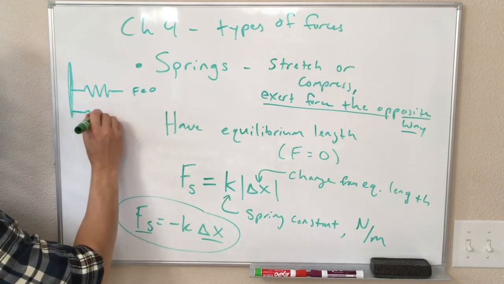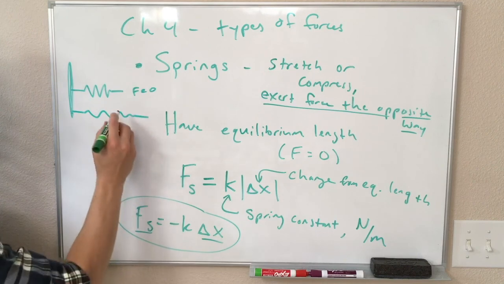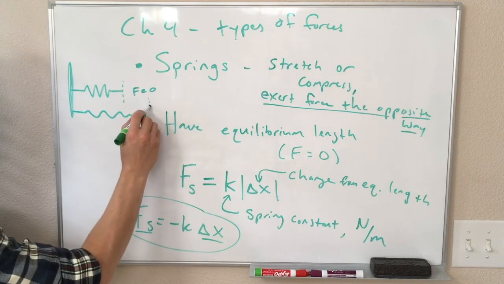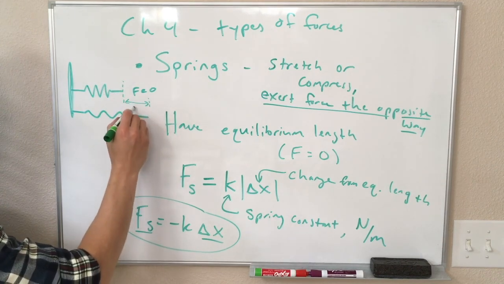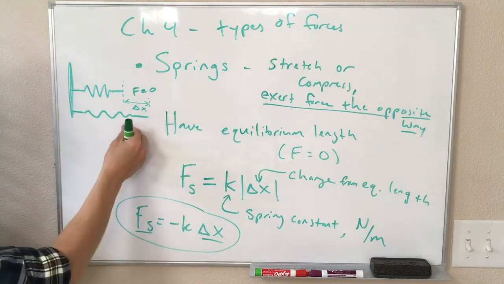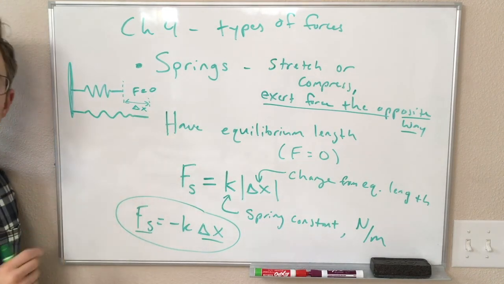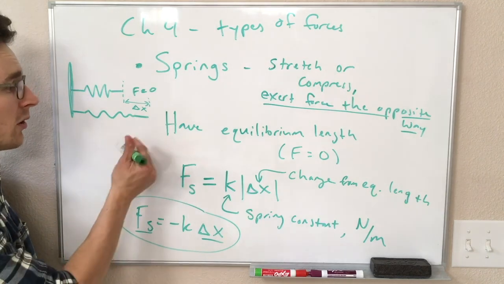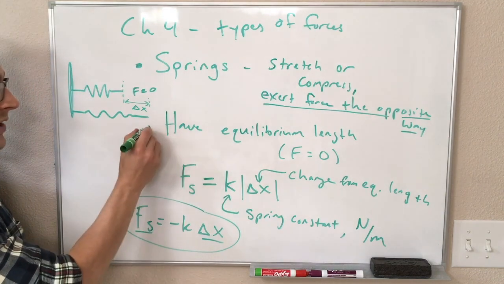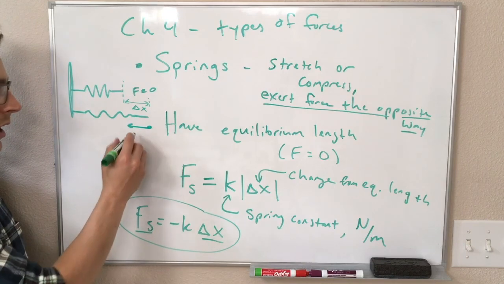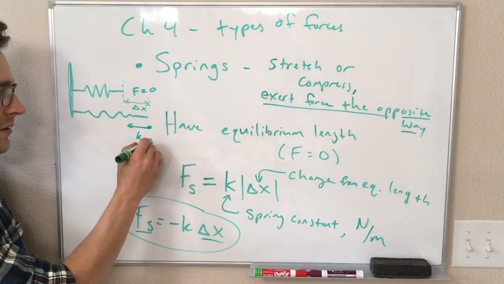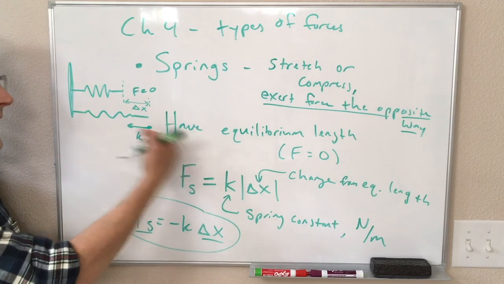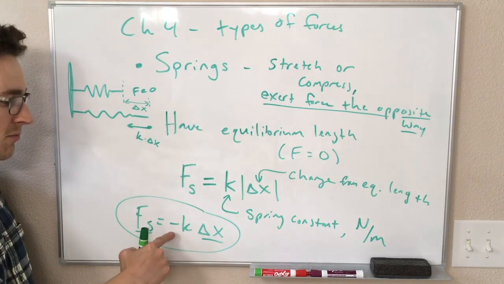And let's say I stretch that spring out. So I have changed its equilibrium length by some amount delta X. I have stretched it bigger by this amount delta X. Well, the force that the spring is pulling on you with is going to be back to the left, and it's going to be equal to K times delta X, and it is in the negative direction, so that's why this minus sign is here.